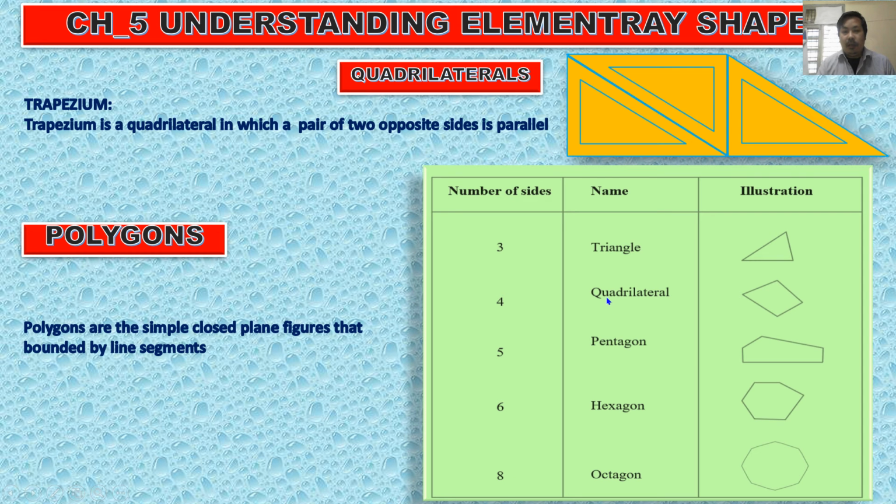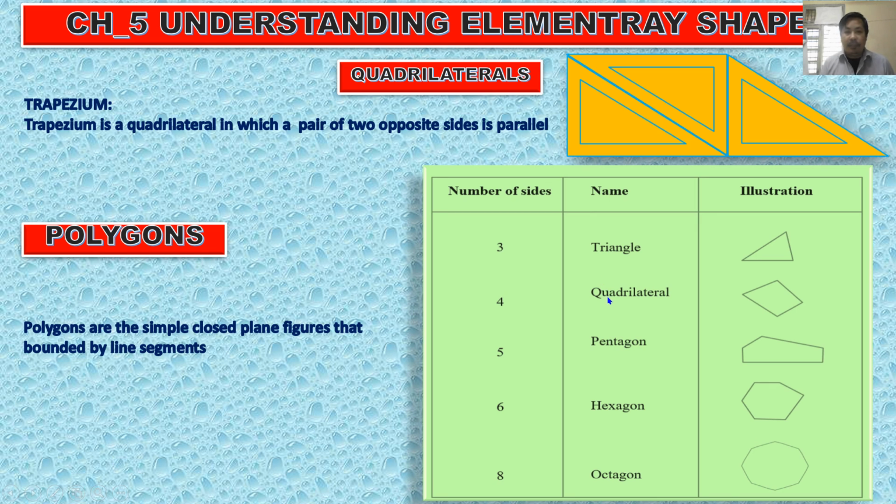So we have different types of polygons according to their number of sides: triangle, quadrilateral, pentagon, hexagon, and octagon. When there are ten sides, it's called a decagon. These are some examples of polygons with different numbers of sides.